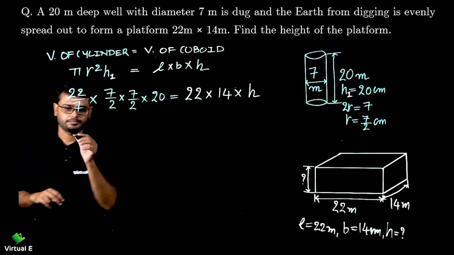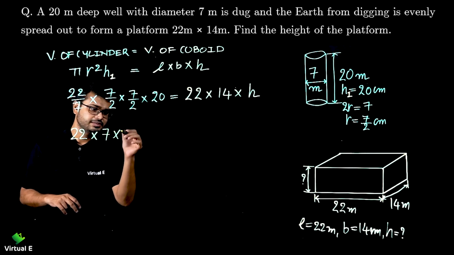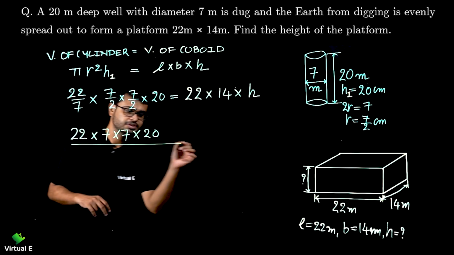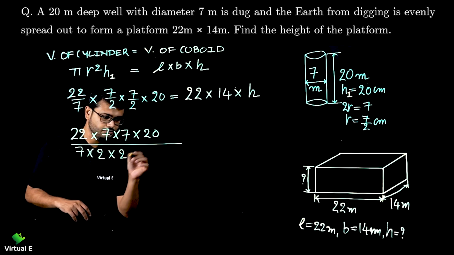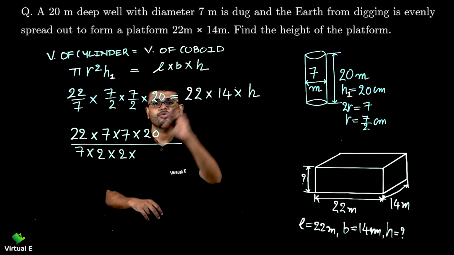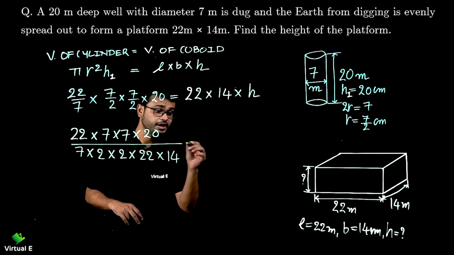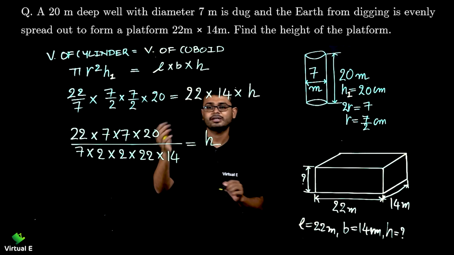So numerators: 22, then 7, then 7, then 20. Denominators: 7 into 2 into 2, and this 22 and 14 will also join. So 22 into 14 into H. If I simplify this one, I am going to get my answer.